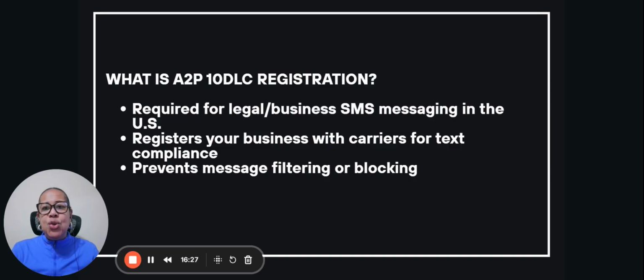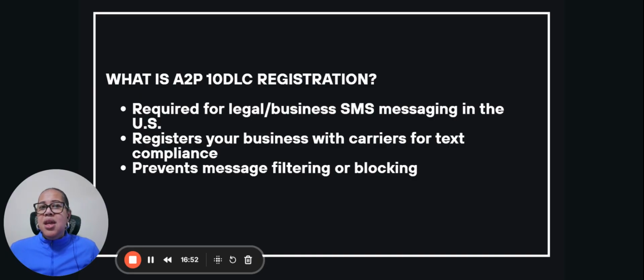All you have to do is list out your EIN number, you list out your websites, and you list out all of your compliance pages. So you have your privacy policy, you have your terms and conditions, you have all of those pages in place, right? As long as you have all of that together, then it should not be a problem.